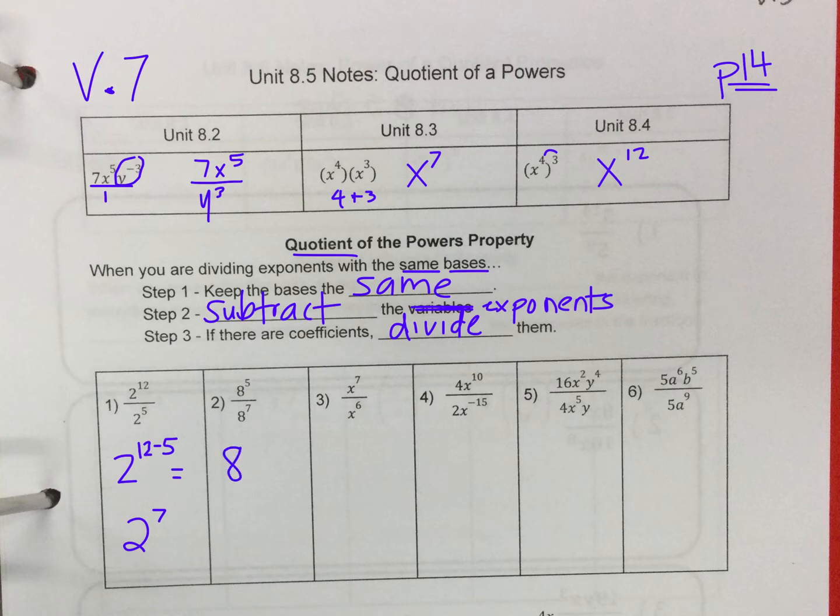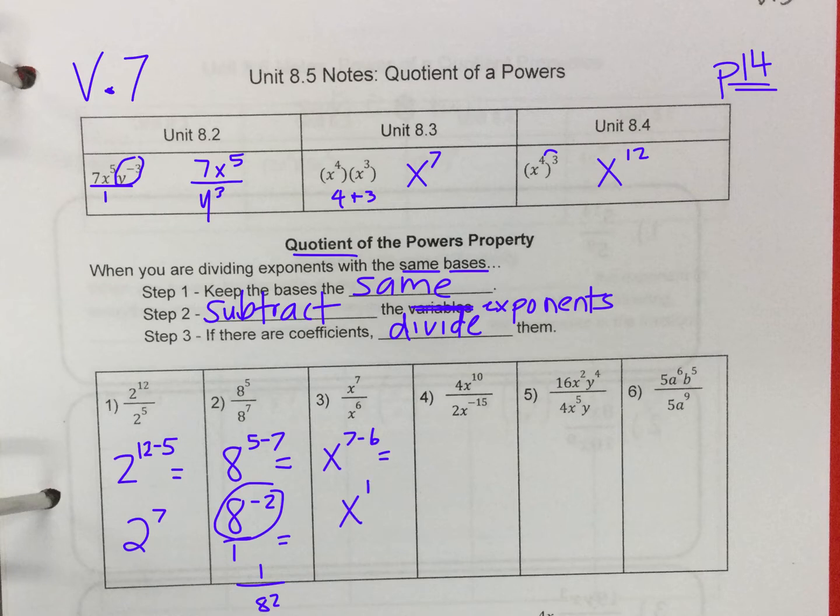Copy down the base, subtract the exponents. 5 minus 7 is negative 2. That is illegal. So we need to make it legal by putting a 1 on top and 8 squared on the bottom. Copy the variable, subtract the exponents. Our answer is x to the 1.